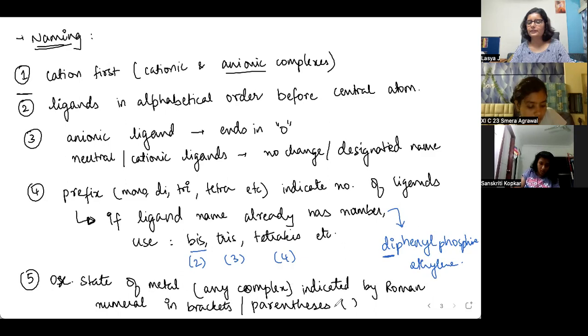Parenthesis means round brackets. What we discussed, iron 1 oxide, iron 2 oxide, is not a complex, so you simply say iron and then the Roman number. In the case of a complex, after the name you indicate it in brackets. All of this applies to whatever type of complex it may be, cationic or anionic.